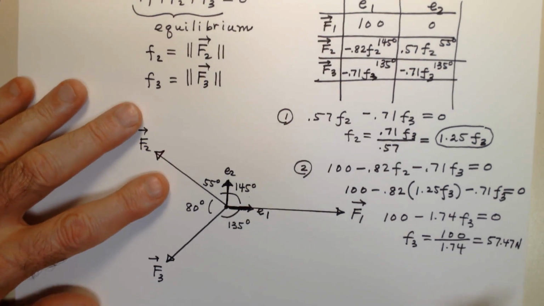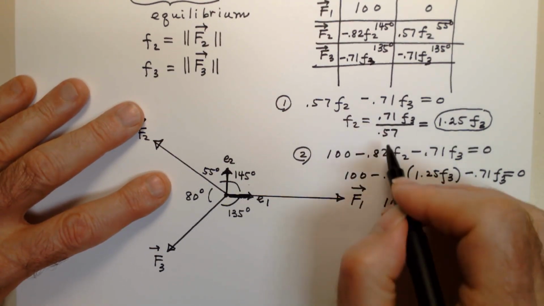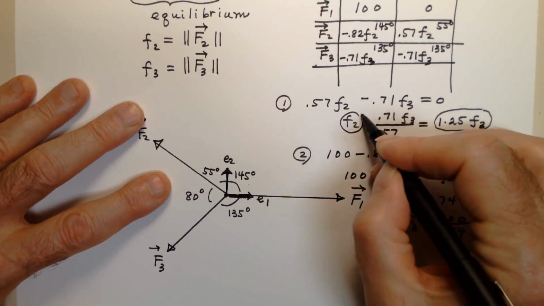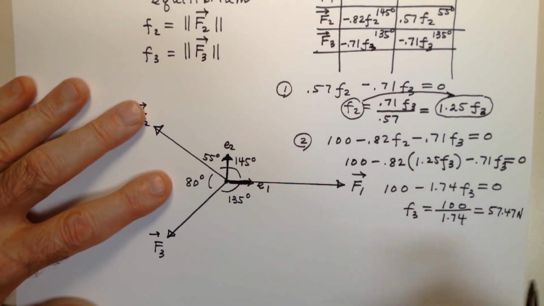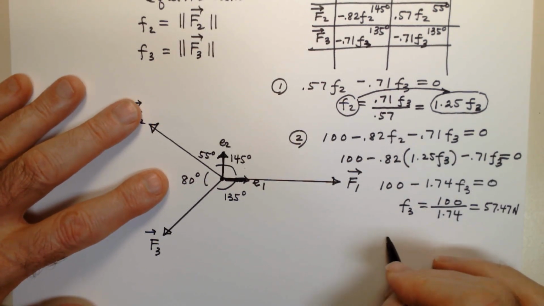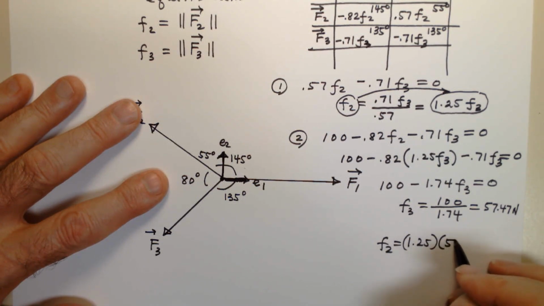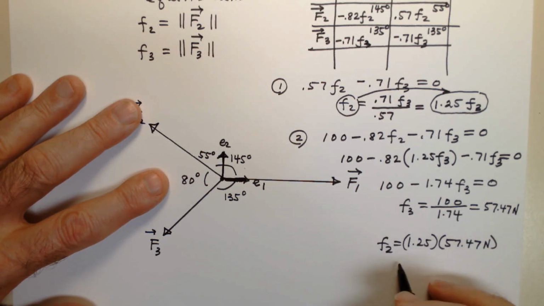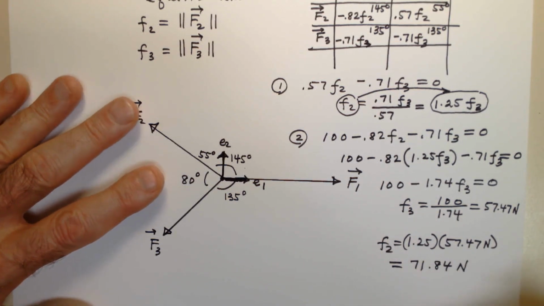Okay? Now, once we have F3, we can go back to this fundamental relationship that says F2 is the same as 1.25 F3. And so finally, we can calculate F2. I just have to take 1.25 times this calculated 57.47 newtons, and I'm going to get something on the order of 71.84 newtons.